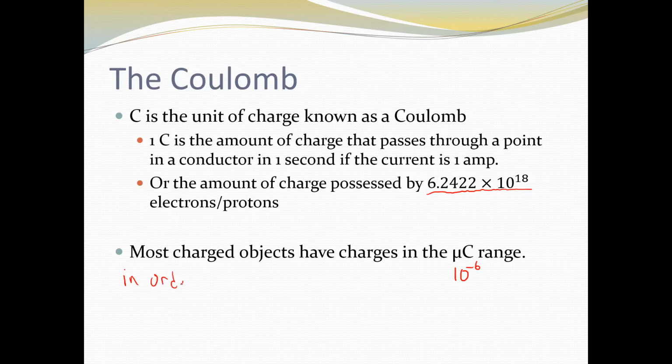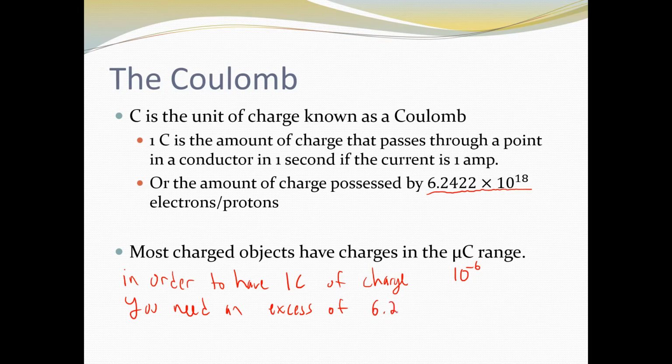In order to have 1 Coulomb of charge, you need an excess of 6.2422 times 10 to the 18 electrons or protons. You need a huge amount of charge for this.